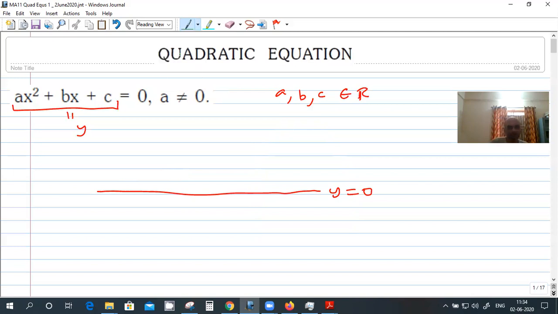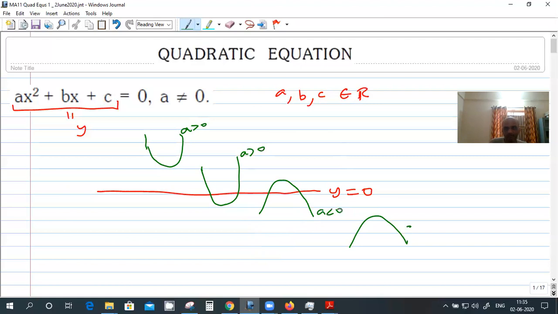So these are the different possibilities. One, it can be like this, or like this, or like this, or like this. Four possibilities. So this is a greater than 0, this is also a greater than 0, and this is negative, and this also negative.